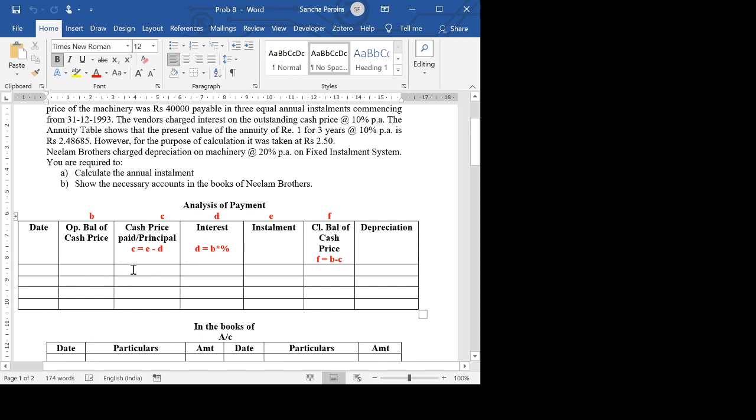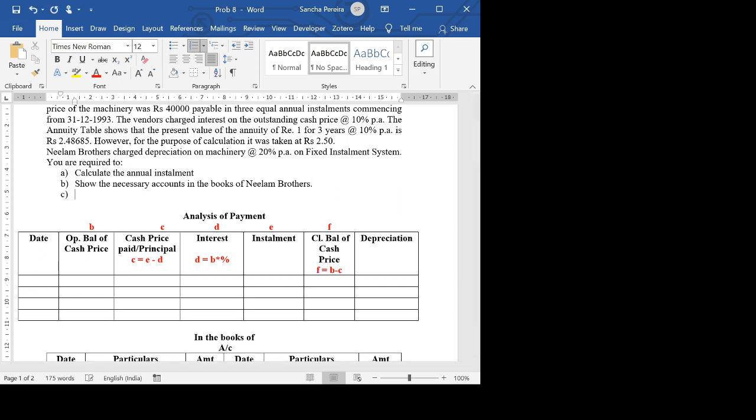But what we don't know is how much is paid every year. They've just said payable in 3 equal annual installments. If we don't know either the cash price paid or the installment, how can we calculate any of these things? So using the annuity tables we need to calculate the installment.